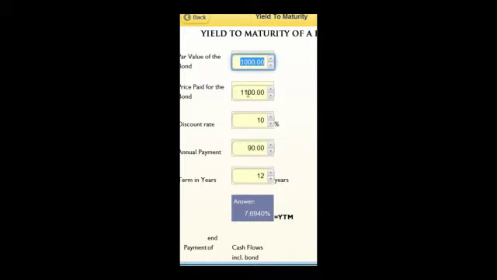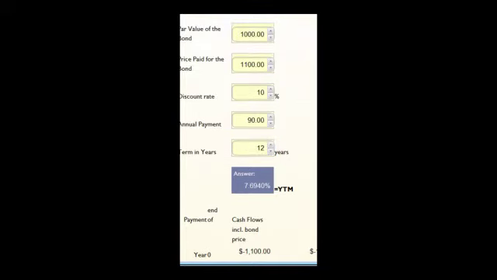But we know that yield to maturity is just trying to find what rate is going to meet a certain amount of cash flows, just like an internal rate of return calculation. And if you don't understand all these terms, that's fine, because this tool is designed so you can use just the parts that you understand.